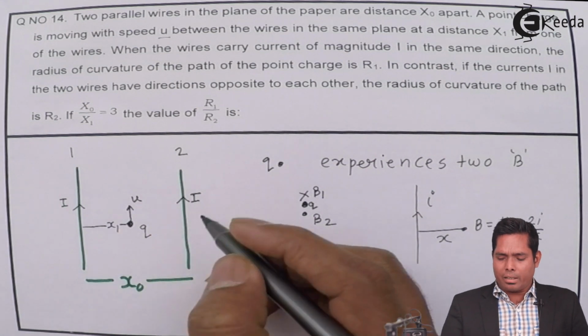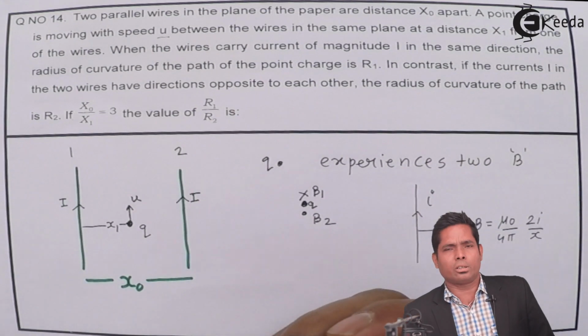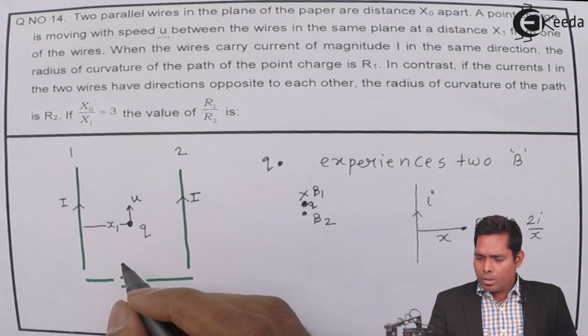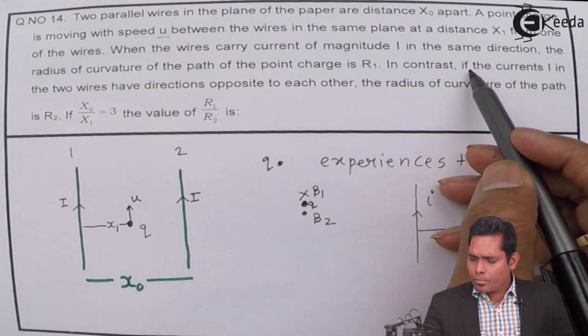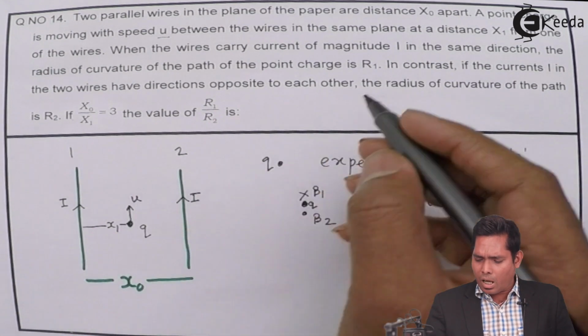It may be different, but that has nothing to do with our answer. So the radius of curvature is R1.